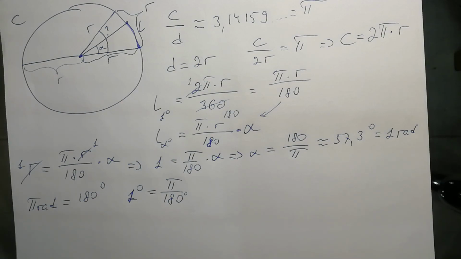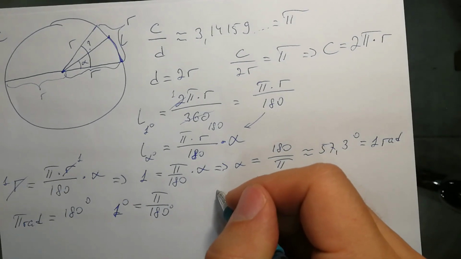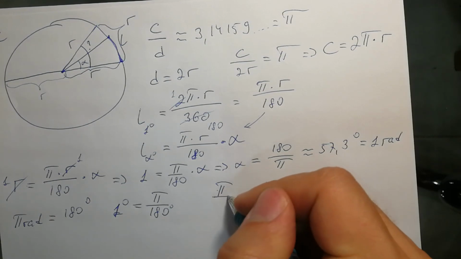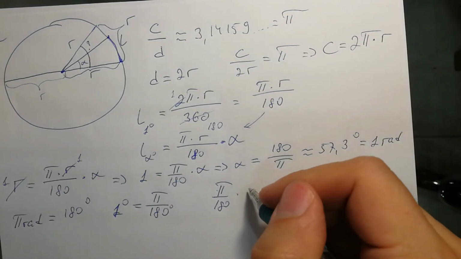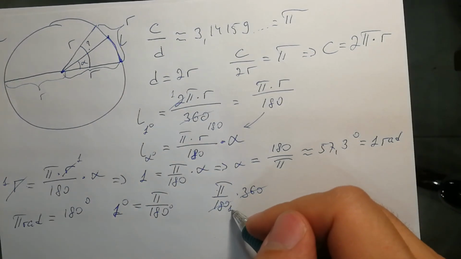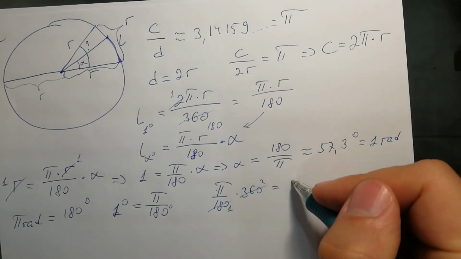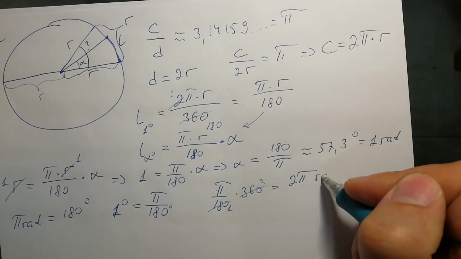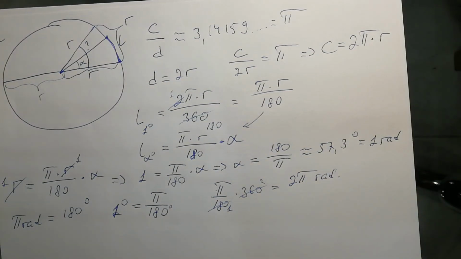For a whole circle, 360 degrees, we obtain 2 pi, because pi divided by 180 multiplied by 360 reduces, it will be 2, and we obtain 2 pi radians. A quarter of a circle is an arc with an angle of pi and a half, pi divided by 2 radians, and so on for any degrees.